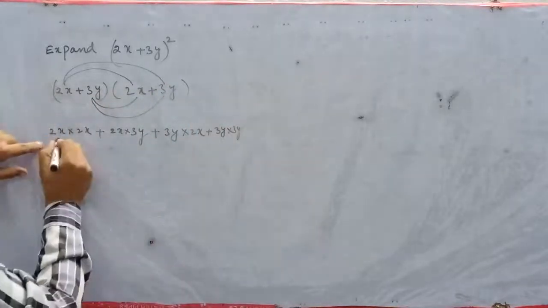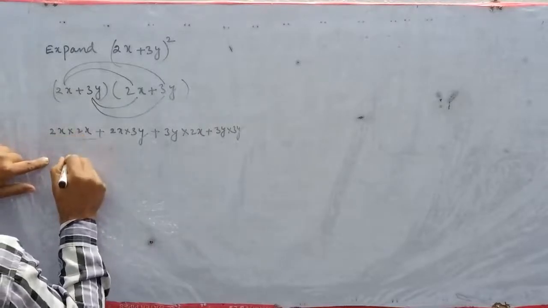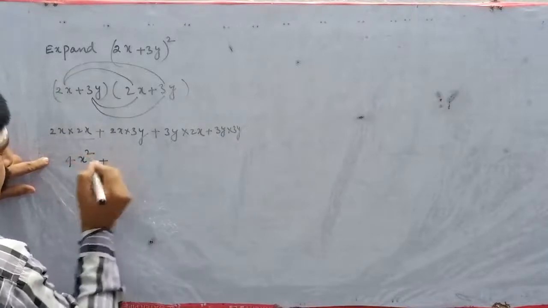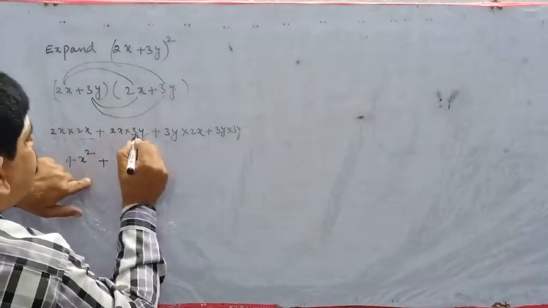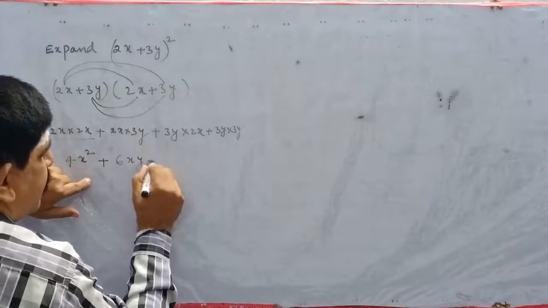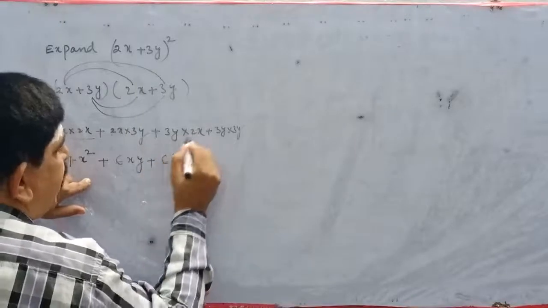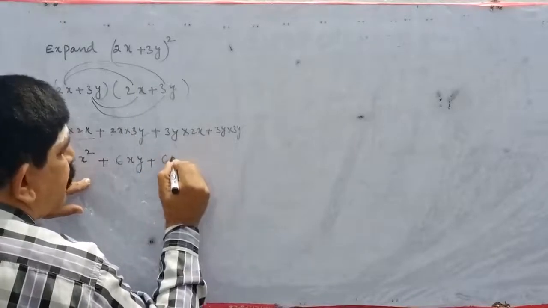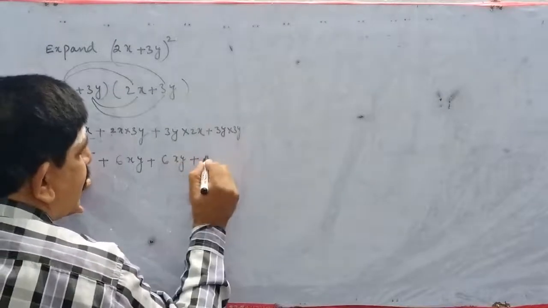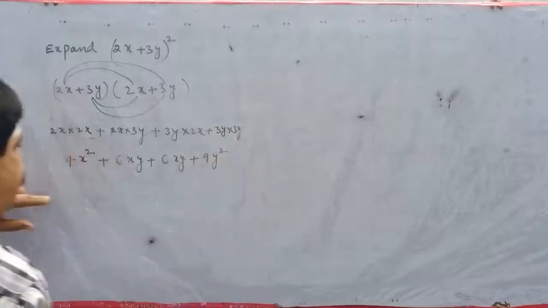Now 2x into 2x, 2 2s are 4, x into x, x square, plus 2 3s are 6, x into y, xy, plus 3 2s are 6, y into x, yx or xy, plus 3 3s are 9, y into y, y square.